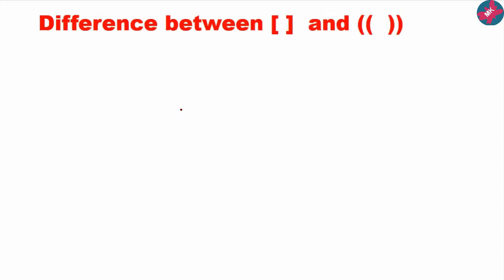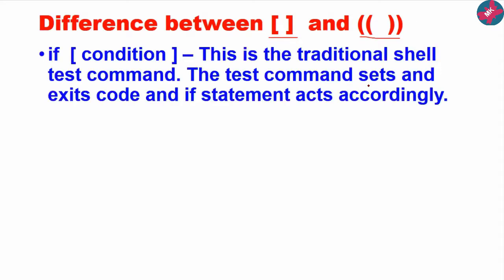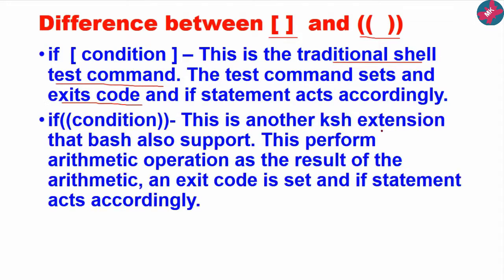Now let us put in words once again the difference between the square brackets and the double parenthesis. The square bracket is mostly the traditional shell test command, and whatever command is put into it, it executes and returns an exit code, and the if statement acts accordingly. And what about double parenthesis?